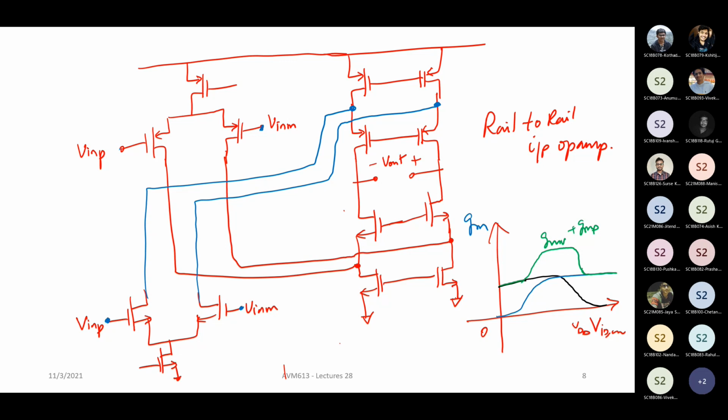In the middle region, you have the GM of both the transistors, and therefore you will see that the effective transconductance of this OTA now has a voltage dependent behavior. So which means that you'll also have some little gain varying with the input common mode voltage. There are certain techniques where they try to equalize the gain.